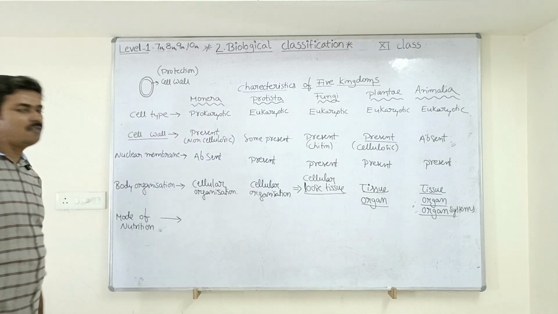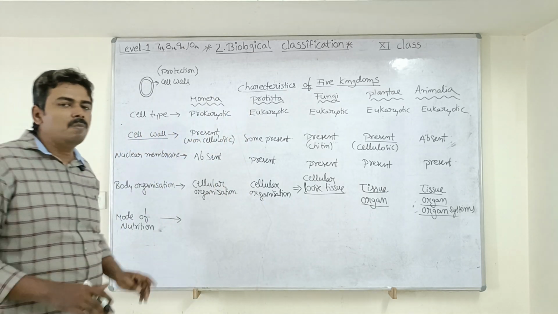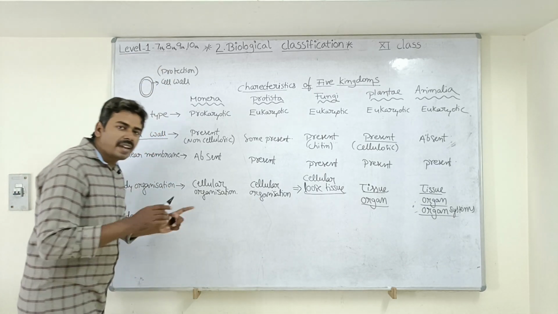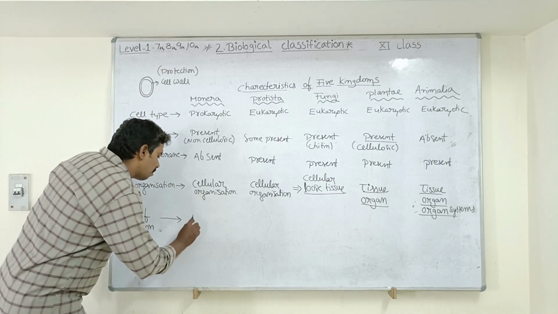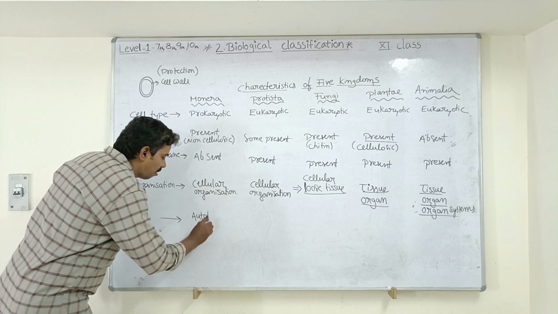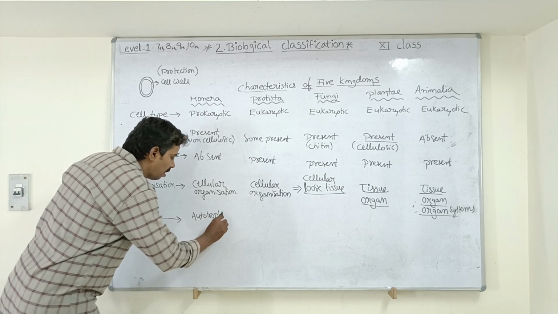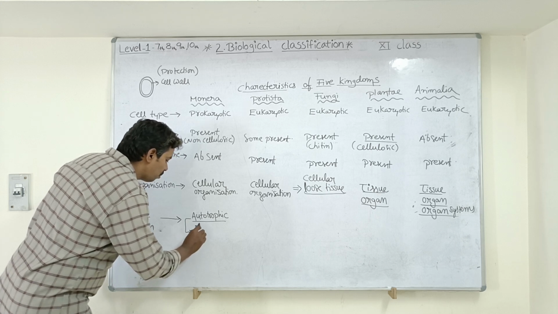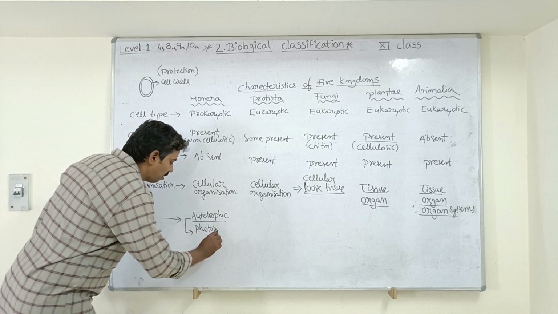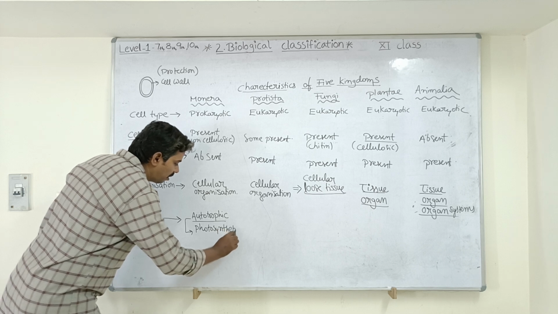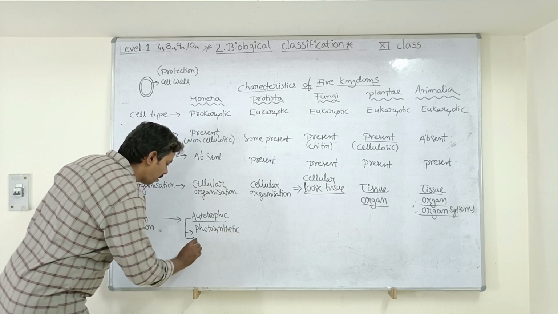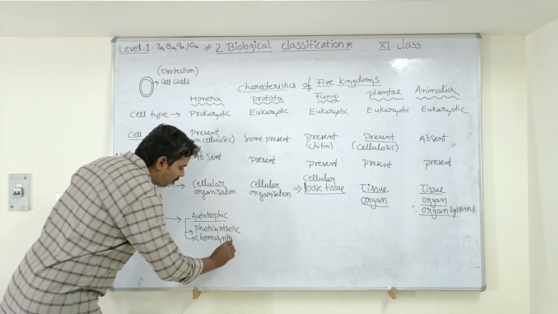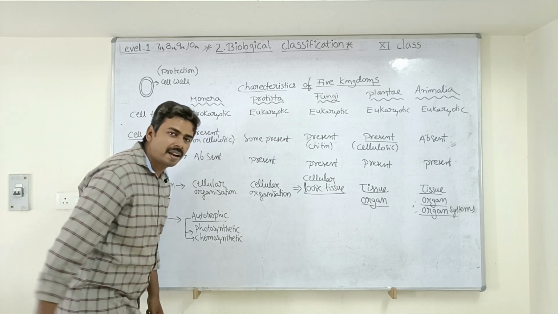Next, coming to mode of nutrition, how the living organisms are able to procure their nutrients. Monera show a huge diversity in nutrition. Some of them are autotrophic. Under autotrophic, some are photosynthetic and some are chemosynthetic. I told you what chemosynthetic is, correct?